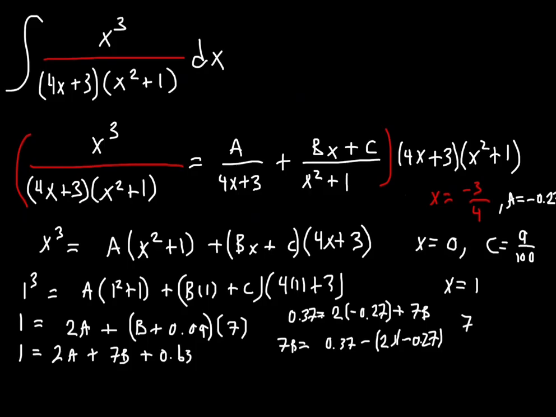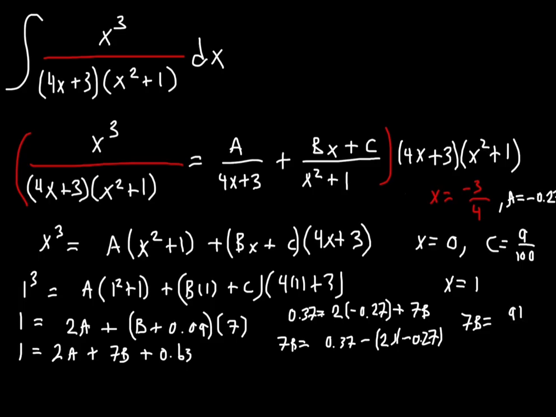So 7B is equal to 91 over 100, divided by 7. So that means B is equal to 13 over 100 or 0.13.